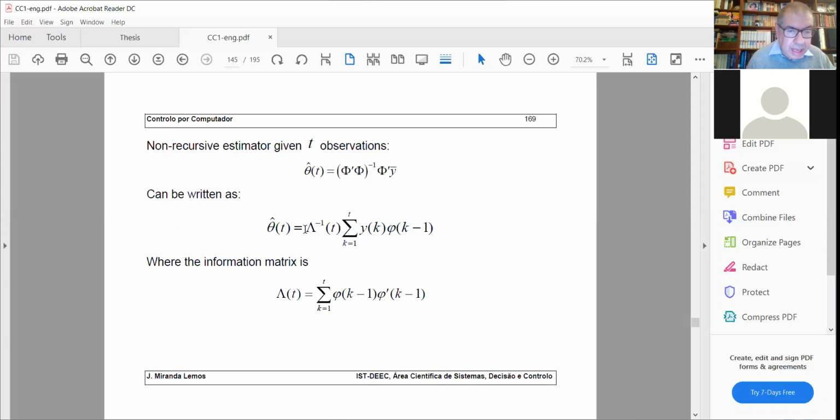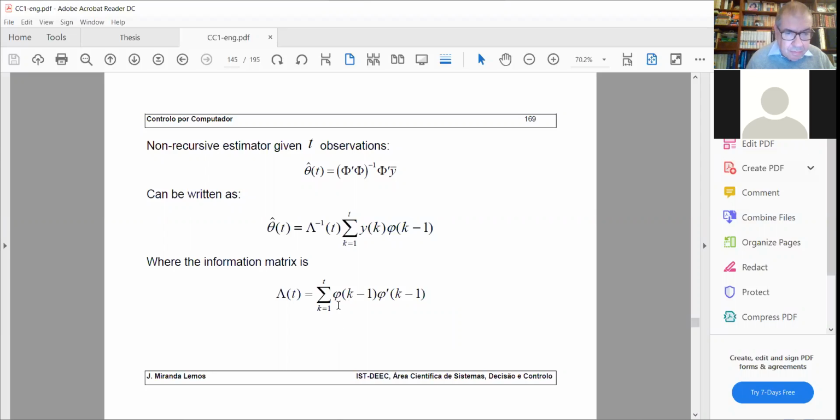this capital lambda matrix, which is Phi transposed Phi, I told you that this matrix is the information matrix, the inverse of the error covariance matrix. You can write Phi transposed Phi as the summation of matrices.